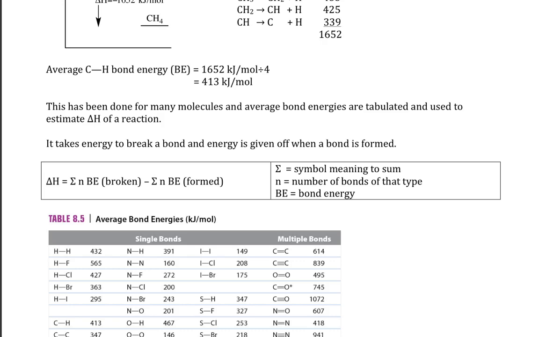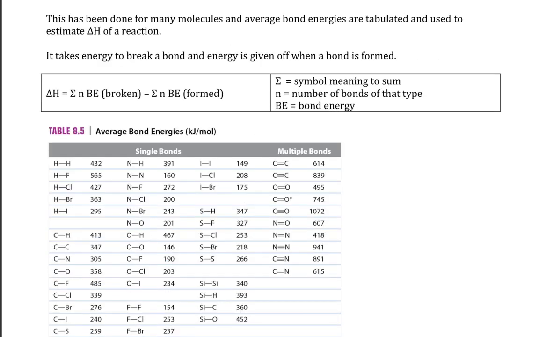Keep in mind, it takes energy to break a bond, and energy is given off when a bond is formed. Break a bond, endothermic, takes energy. Form a bond, exothermic, gives off energy.